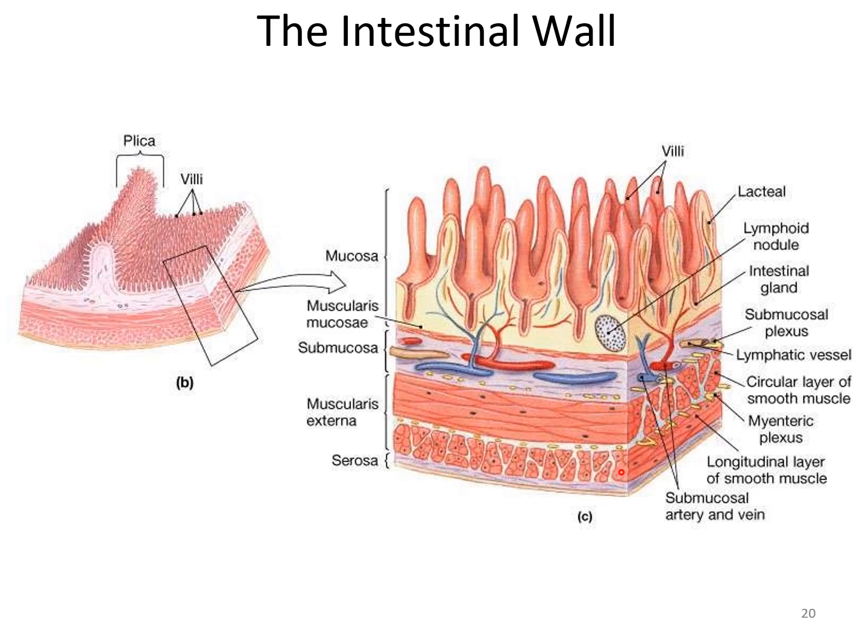Serosa is a fold of peritoneum. In the muscle layer, we can see outer longitudinal layer of muscle and inner circular layer of muscle. Submucosa contains submucosal plexus. Then mucosa contains Peyer's patches or lymphoid nodules, intestinal glands, and villi.